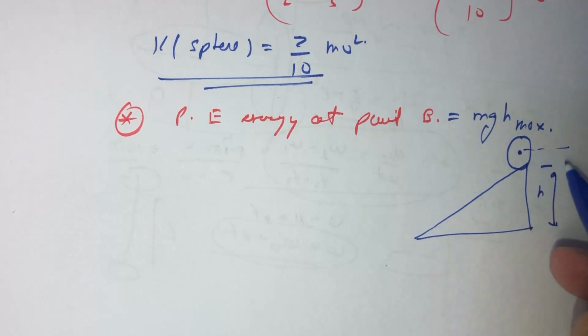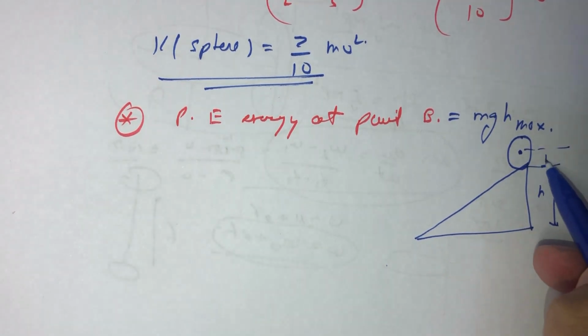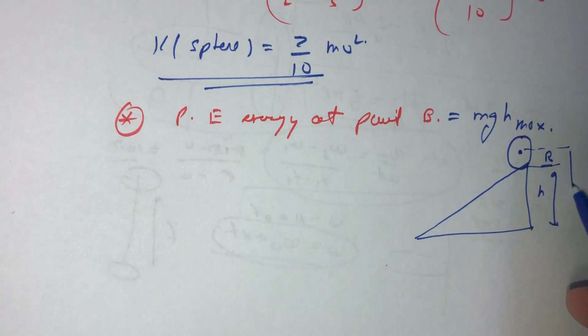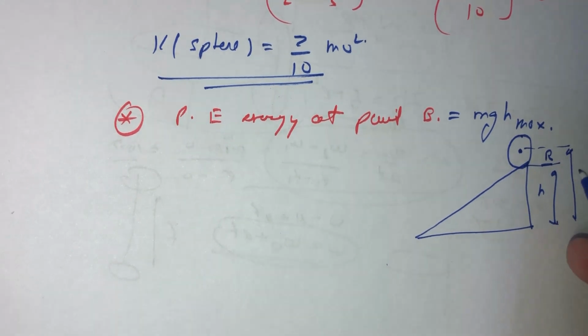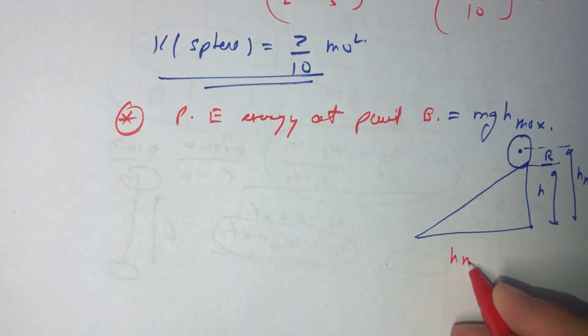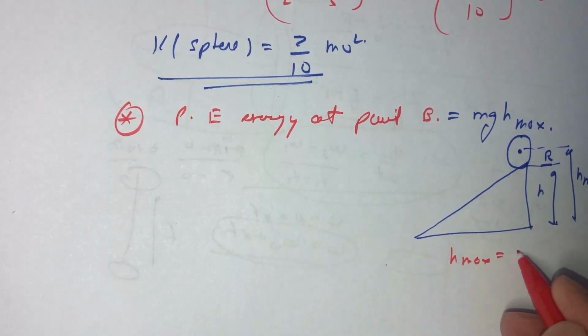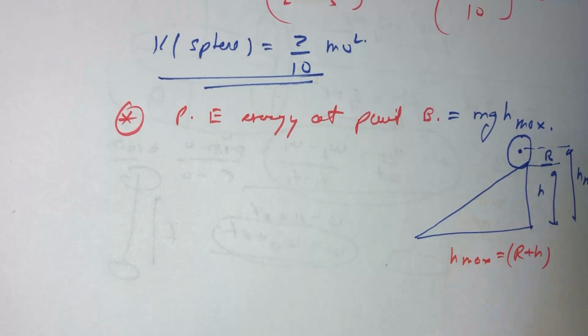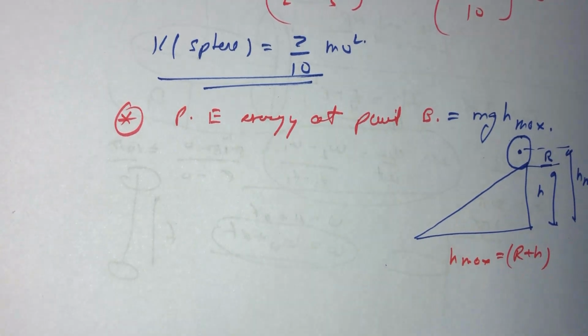So there will be additional height, and that will be r, and this will be our h max. So we can say here h max will be equal to r plus h, where h is the height of this inclined plane and r is the radius.